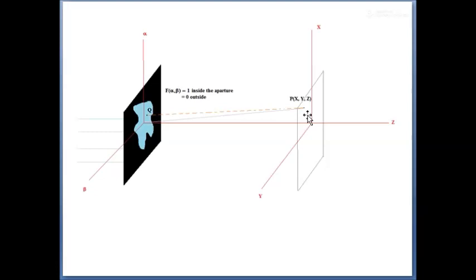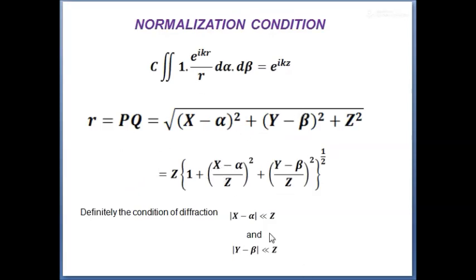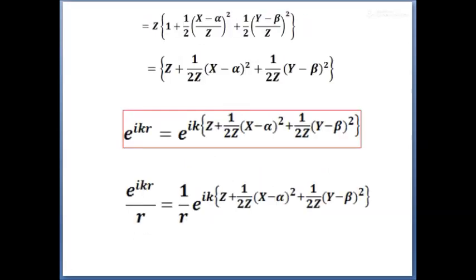So in that case, I can consider the binomial expansion of this term, and this equation becomes z, I put this z out of the square root, so z times (1 plus (x minus alpha by z) square plus (y minus beta by z) square) to the power half. Definitely due to the diffraction phenomena, I can consider that modulus x minus alpha is very less than z, and modulus y minus beta is very less than z.